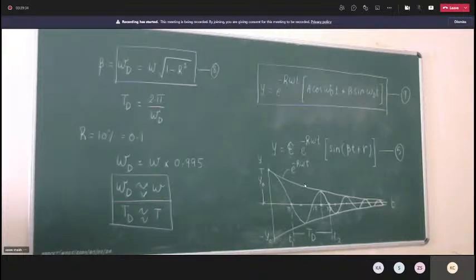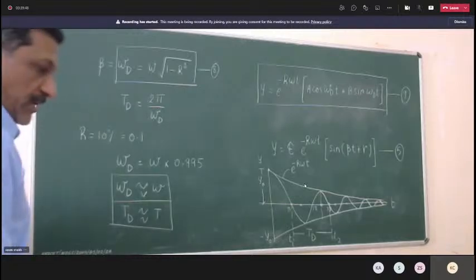So with this, let's go to the next point from the list I have given. What is the next point? I think it is logarithmic decrement. So give a title, logarithmic decrement.